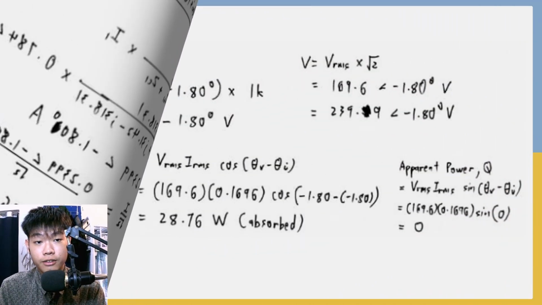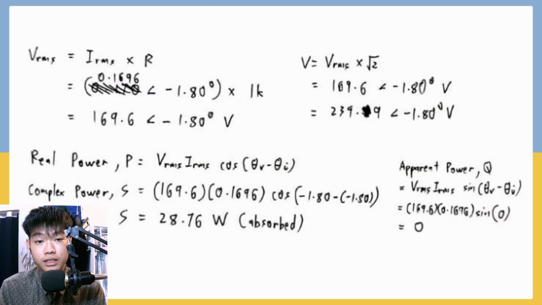The VRMS is equal to IRMS times resistance, which is 169.6 volt with a phase angle of negative 1.8 degree, and the peak voltage is VRMS times root 2, which is 239.9 volt with a phase angle of negative 1.8 degree.